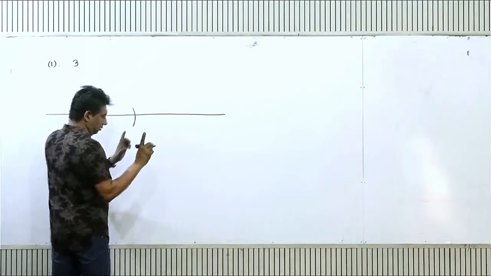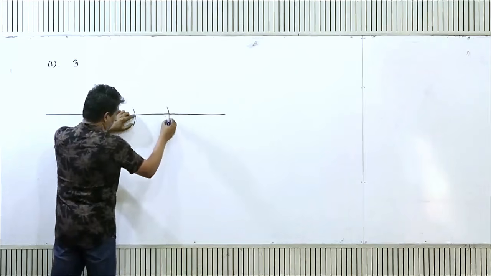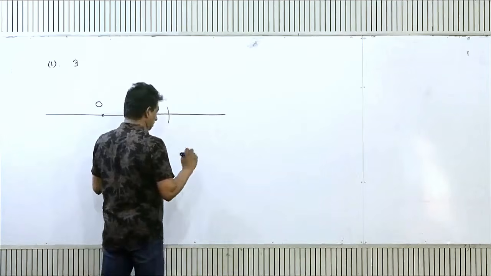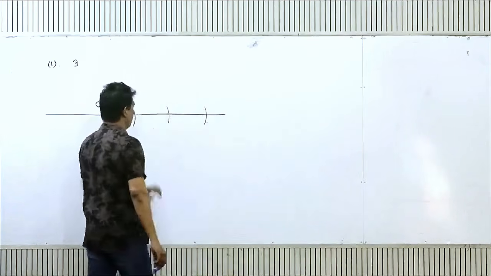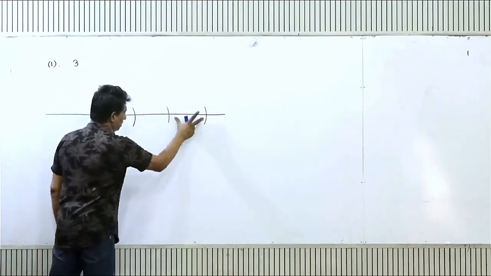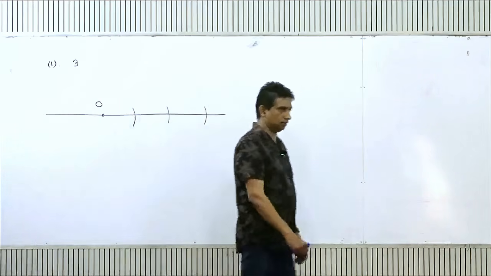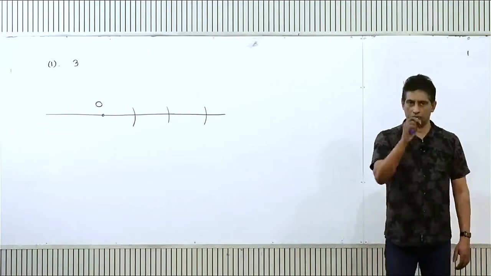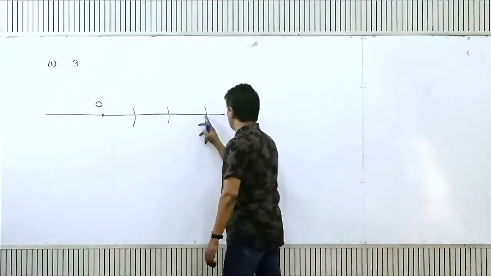Then don't change the distance, and you put it here and cut again here. Again we don't change the distance, and you put it here and cut again here. Then we can say this distance and this distance are equal. If we consider the distance we get from the instrument as unit 1, then what is the length from this point to this point? 3.